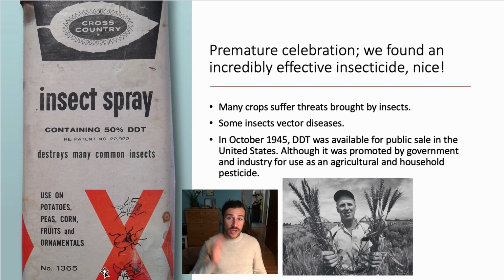But you scale this up into a huge agricultural system, and you have acres and acres of land getting sprayed with DDT. This broad range insecticide turns kind of dark, because you're killing many insects that might be beneficial, right?